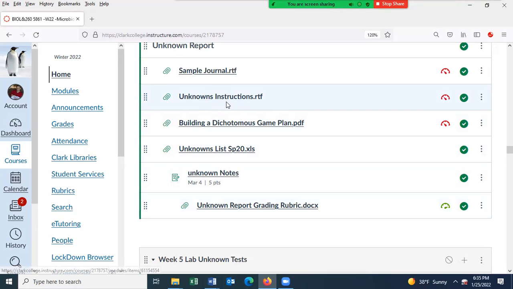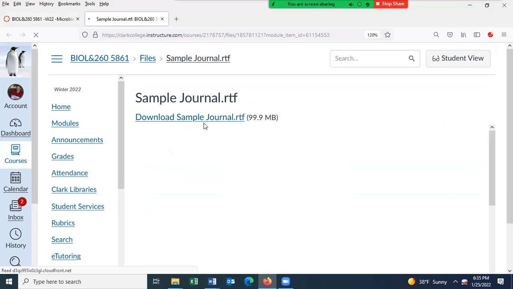which is this right here, the instructions. And then this is a sample journal. A professor wrote up the lab report and then made it available as an example of what your lab report should look like.